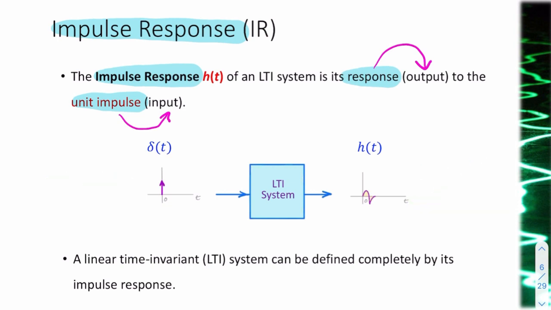In this slide, I've simply illustrated the input as a unit impulse. Why? Because that's what it is. That's the definition. The definition is, if I were to apply a unit impulse at the input, then whatever comes out the other end, I call the impulse response.